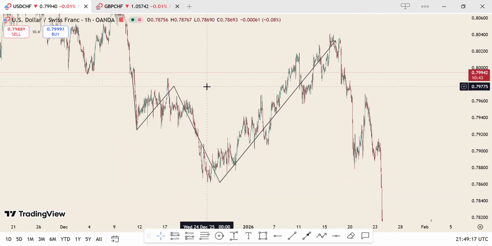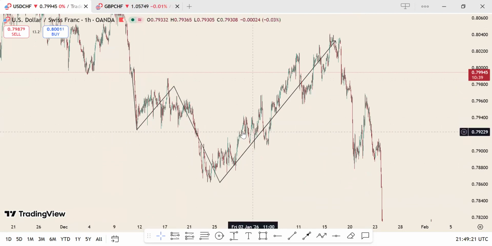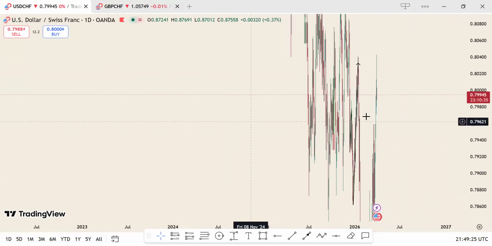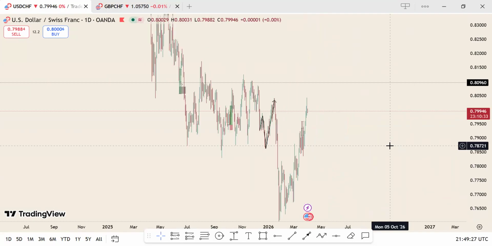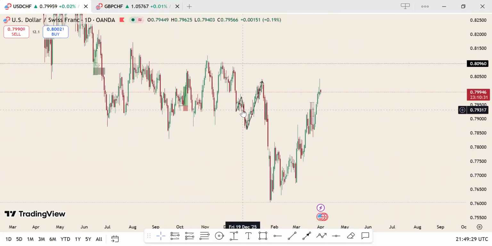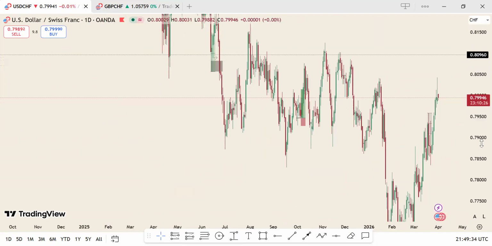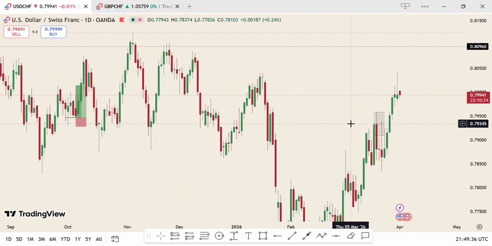Now, I thought, okay, could it be that the sweep in this trade is not in the 50%? And I went to the daily time frame and said, okay, let me measure this. I'm going to measure it and you guys will tell me whether it's in the 50% or not.